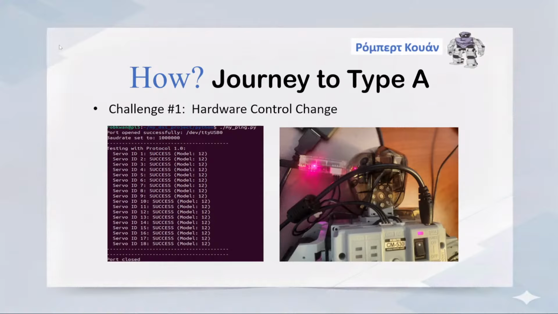This is how I checked: I wrote a very simple Python script. On the right-hand side, there's a DXL port in the middle that connects back to the U2D2 module with the red light on. And you can see the detection of all those 18 servos was successful here.